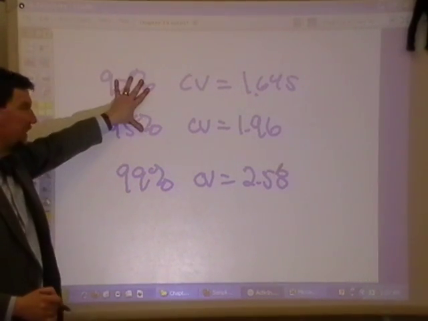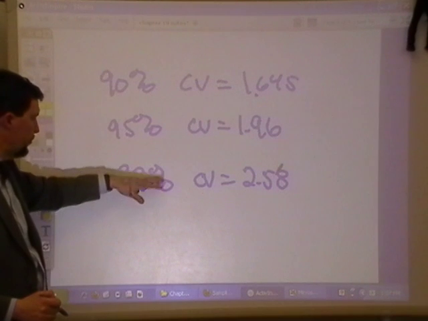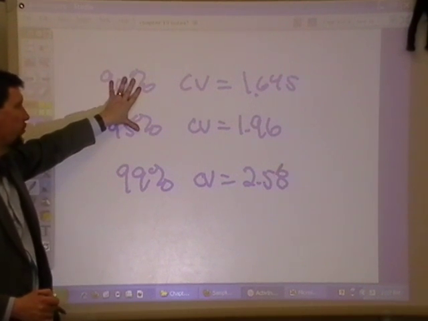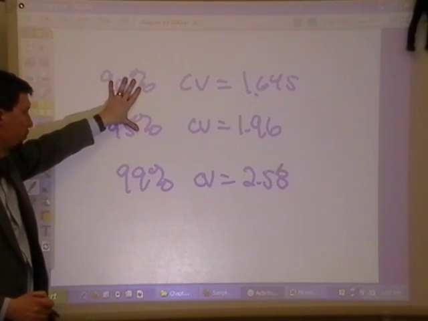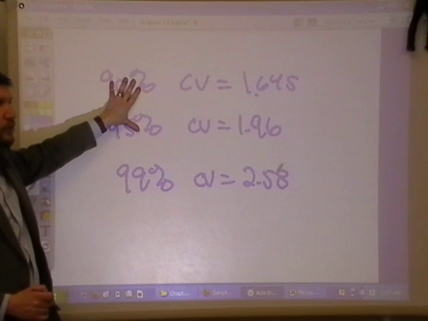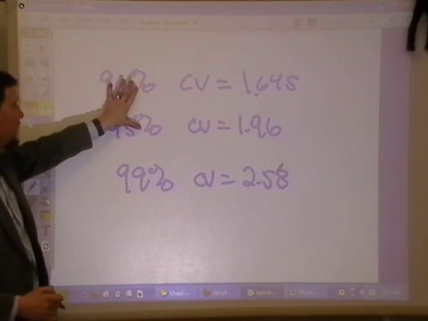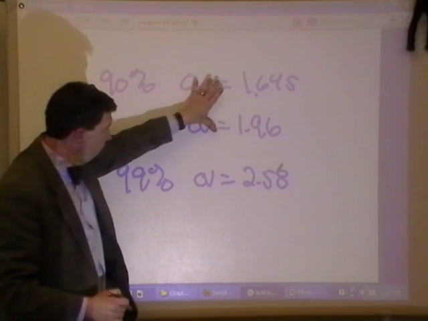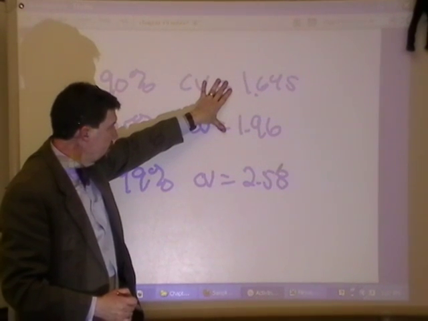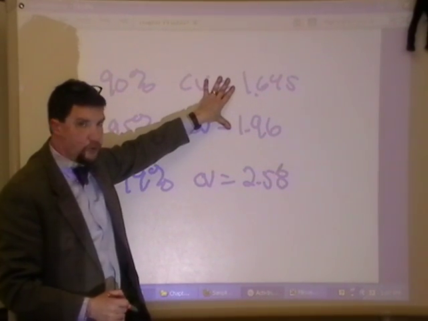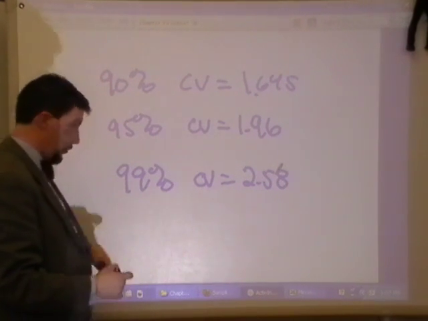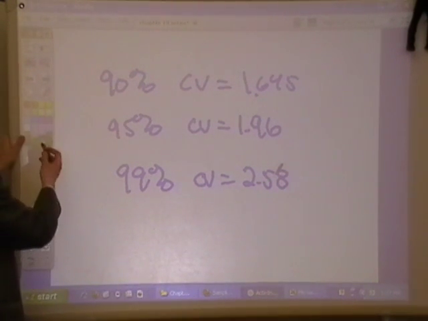You have to know at least these two. This one's kind of like a bonus, but you have to know these two because these are the two big ones. If they give you something else, you either have to find it, we'll discuss that in class, or they'll give you the critical value for that, or they'll ask you to discover it algebraically.